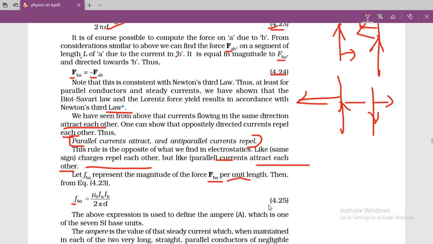This is equation number 4.25. This is the magnitude of both FBA and FAB, so you can write a similar equation for the magnitude of vector FAB.